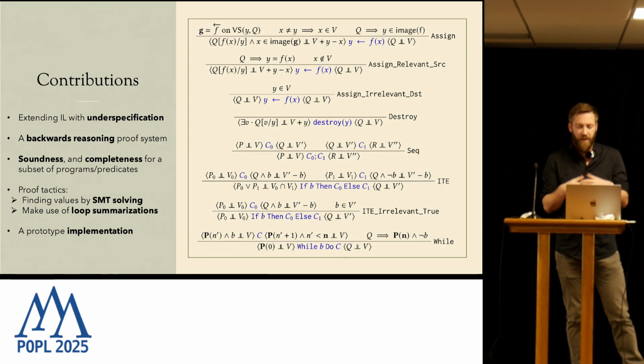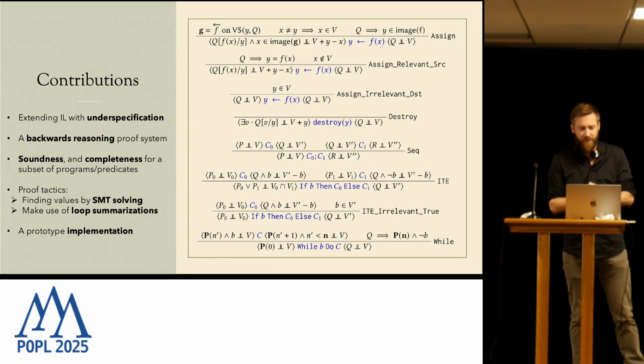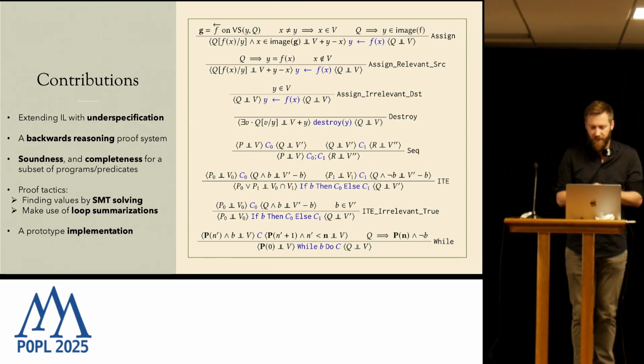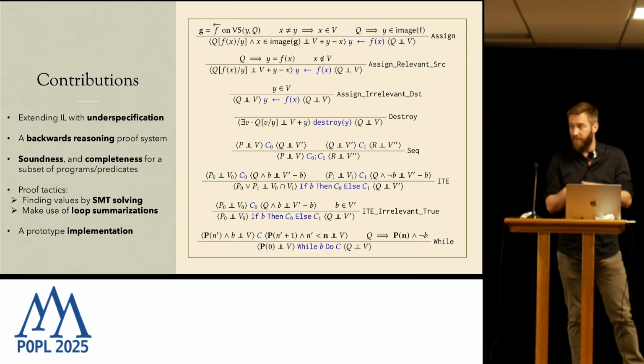In other words, it can be used to do backwards transformation. Of course, we have proven soundness of this proof system, which in this context means that triples hold, or in other words, that there are no false positives. We have also proven completeness for a subset of programs and predicates. And the exact definition of that is, of course, in the paper.